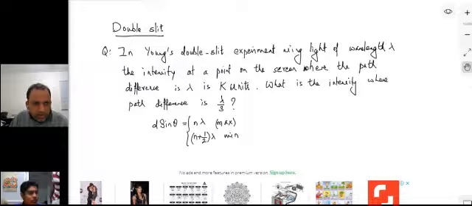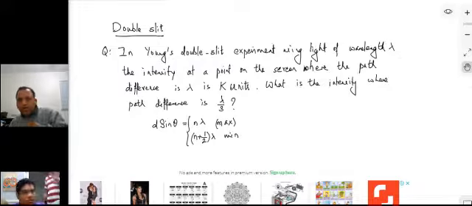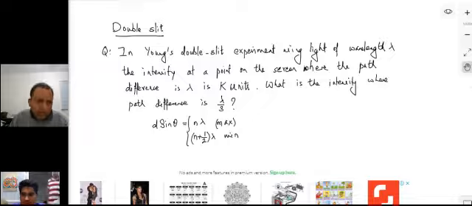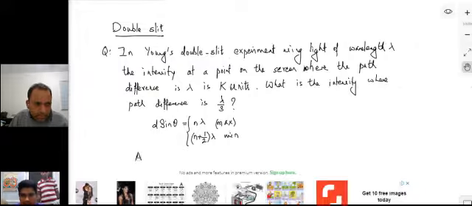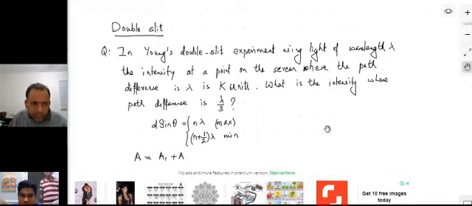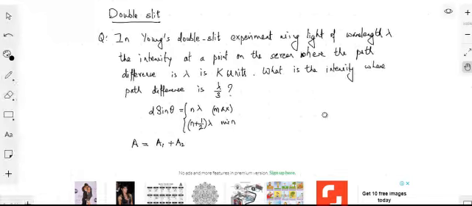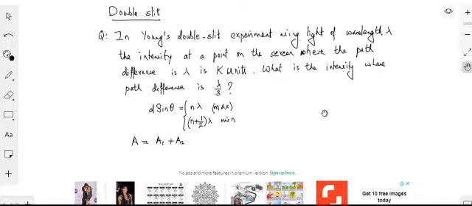But this condition actually comes from an interference term. So this is a result I gave. Usually what happens is that you have one wave. So let's say amplitude A total is equal to A1 plus A2. These are the amplitudes of two waves that are coming in.